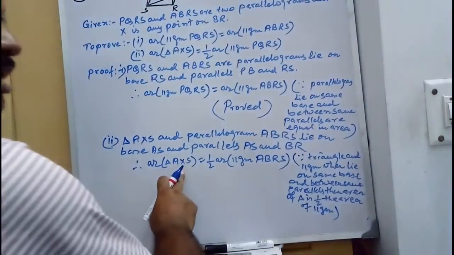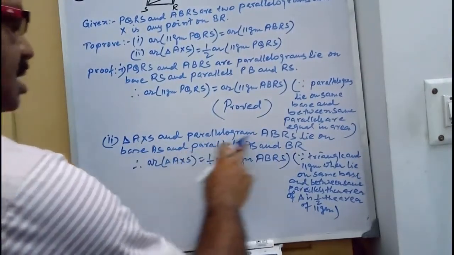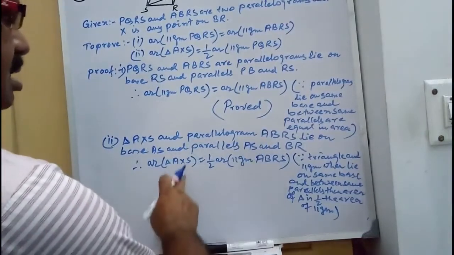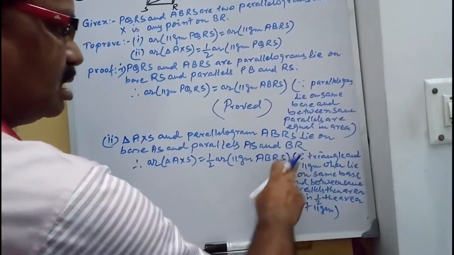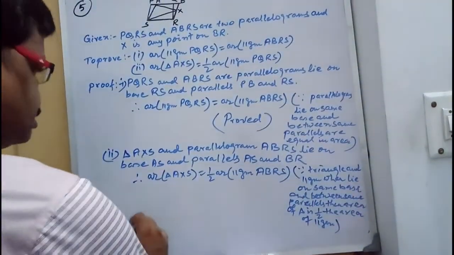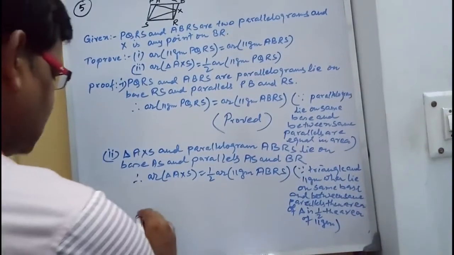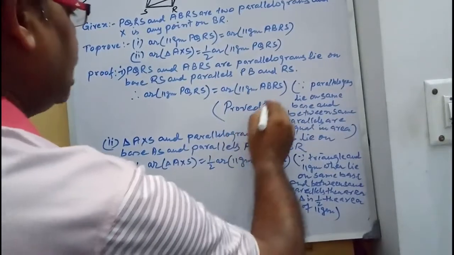When triangle and the parallelogram lie on same base and between same parallels, then area of triangle is half the area of parallelogram. That reason is written here. So take that, write that one.